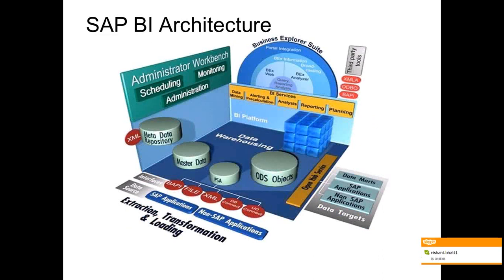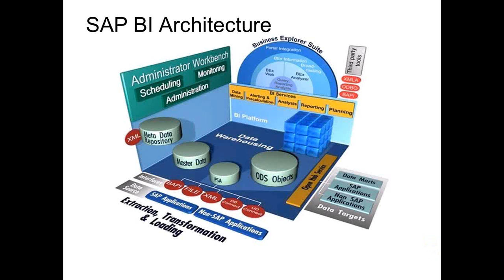You can build your own data marts, or infocubes, or multidimensional models, which are optimized for reporting and loading as well. We're able to report this onto the presentation layer.